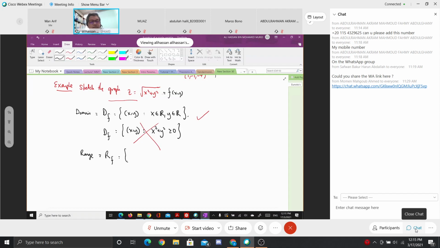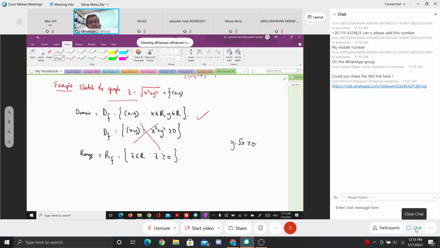Square root cannot take negative numbers. From your experience, y equal to square root x is always greater than or equal to 0. So similarly here, z is any real number such that z is greater than or equal to 0. That is the range.